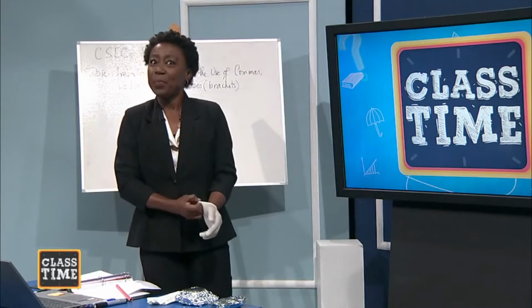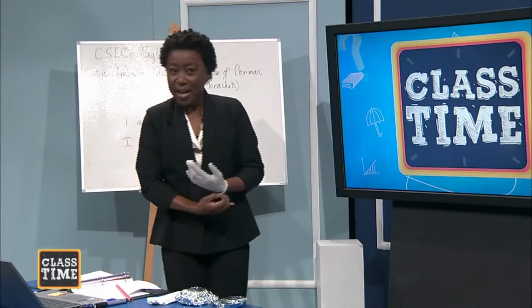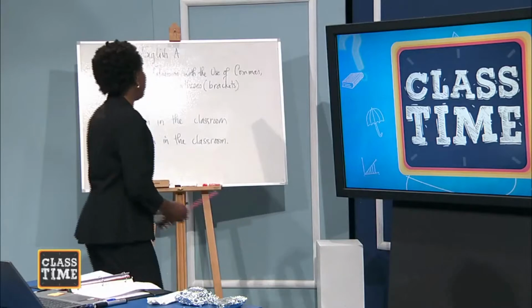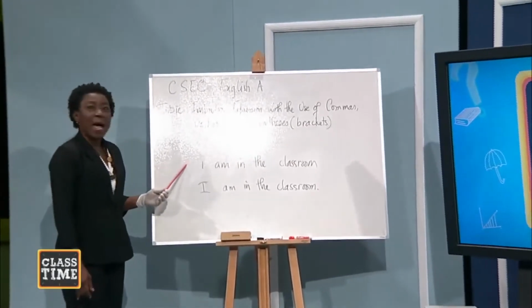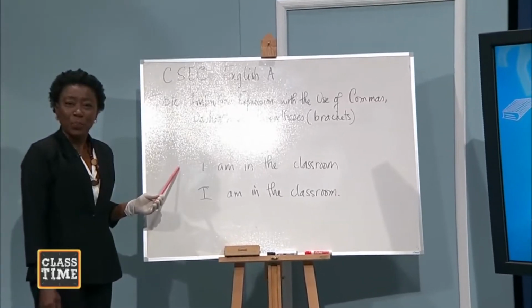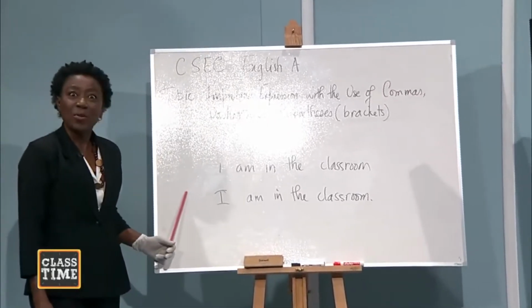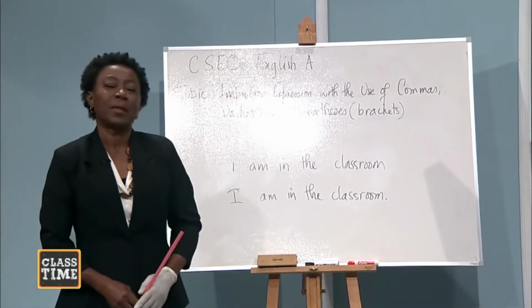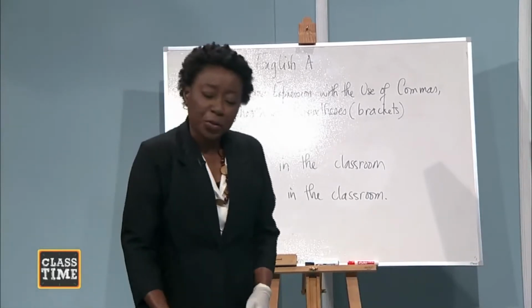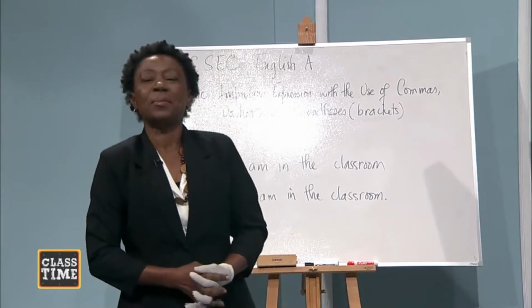Now, I have two expressions on the board. Let us look at them. This one says, I am in the classroom. And the second one says, I am in the classroom. Which of the two thoughts are complete?